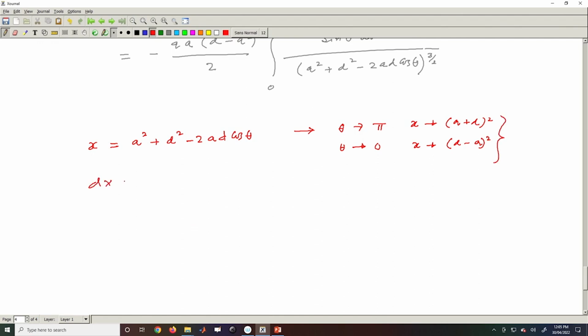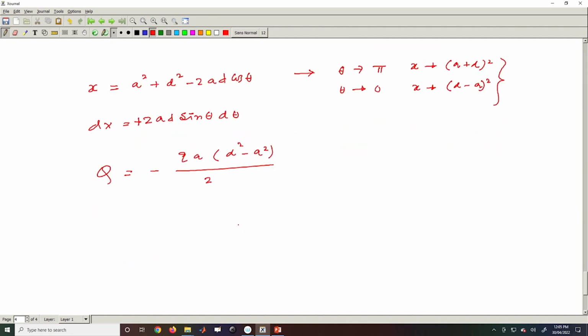Dx, if I calculate, it should be 2a d sine theta d theta with a negative sign. No, already the negative sign is here, so I should have a plus sign here. So eventually my q is minus of q a, then d square minus a square divided by 2.